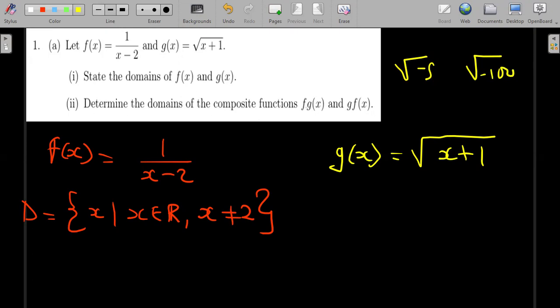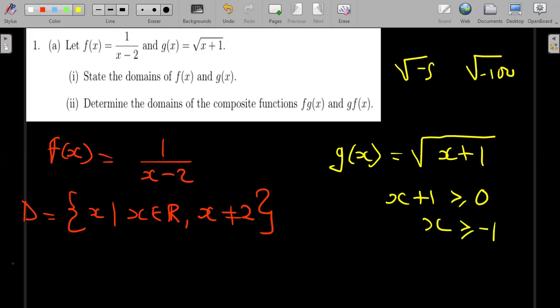So you have to make sure that what you have under the root is always 0 or positive, meaning it's non-negative. So we have to make sure that x plus 1 is always greater than or equal to 0. From here we can find the domain: x should always be greater than or equal to -1.